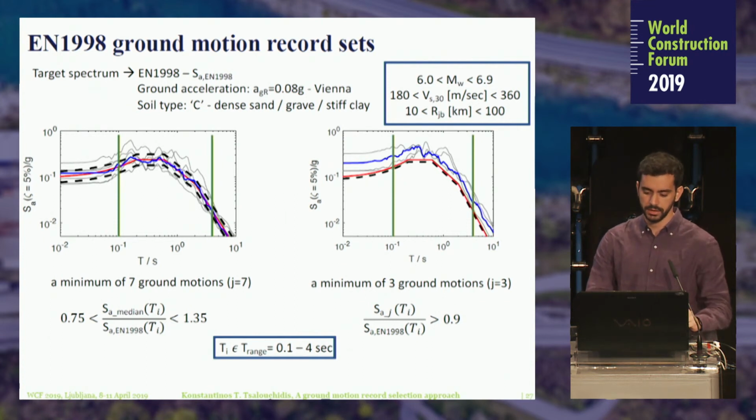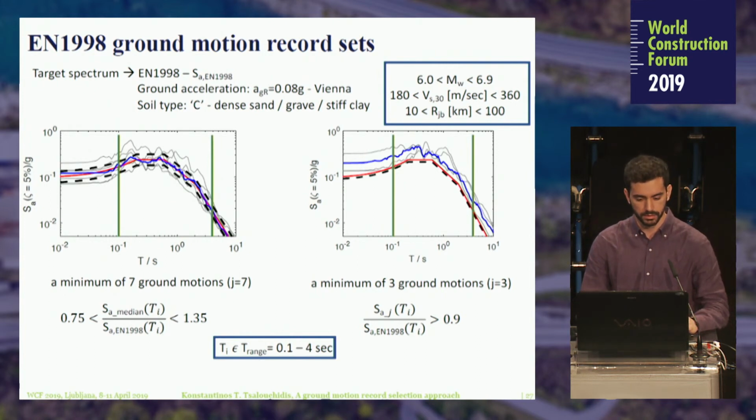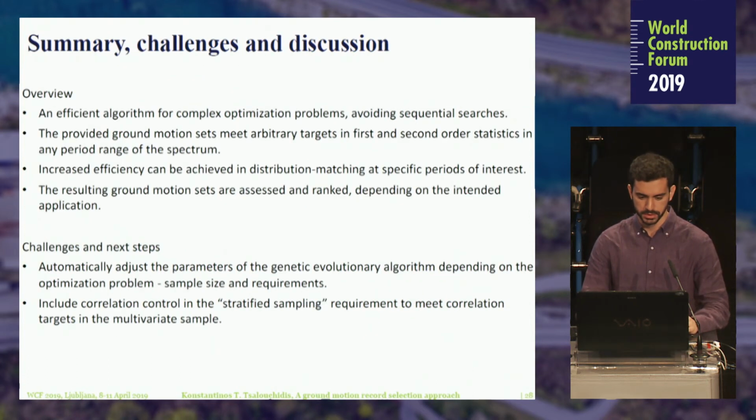And on the right side, none of our records should fall below 90% of the target. These are pretty hard requirements that the Eurocode currently asks. I just wanted to show this example to show the versatility of the algorithm and how the targets can change and still give results for different kinds of requirements.